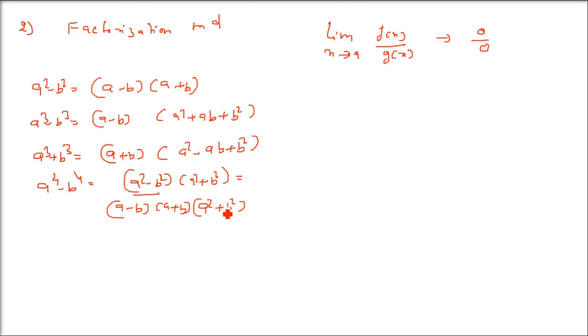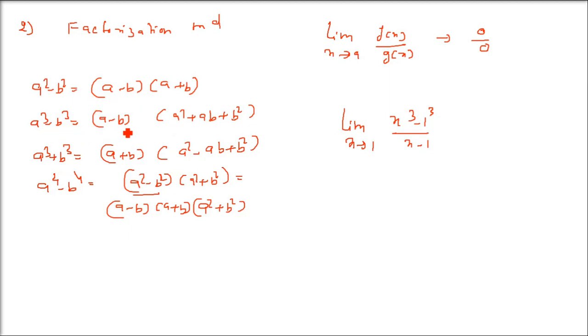So I'll give an example so that you understand how we factorize it, what is the procedure. Let us take a small example. We have this limit x tends to 1 and we have (x cube minus 1) by (x minus 1). So x cube minus 1, now this 1 can be written as 1 cube. So this is a formula of a cube minus b cube.